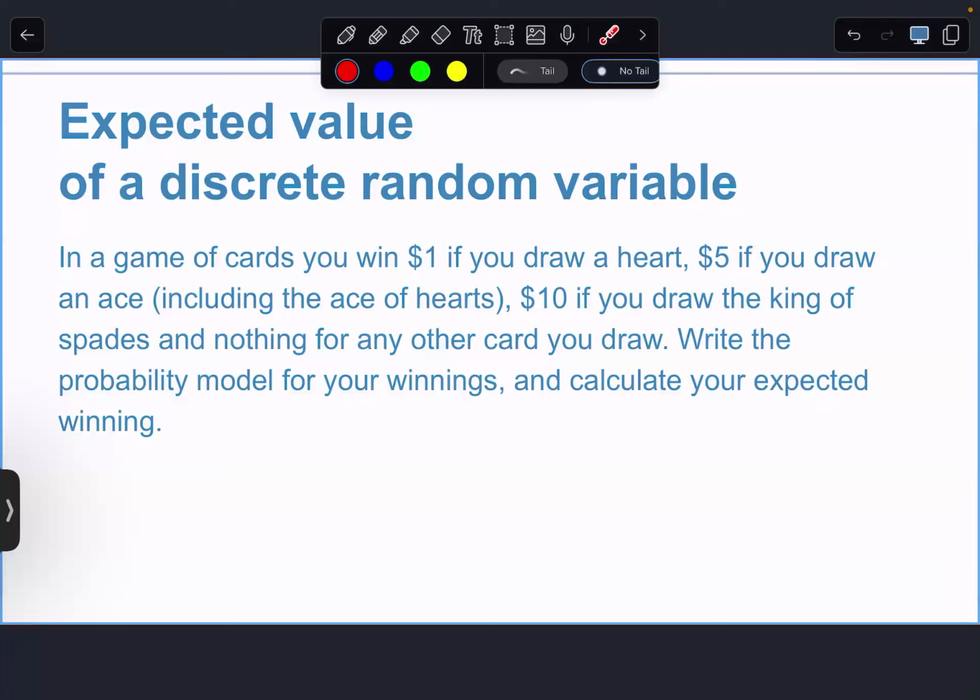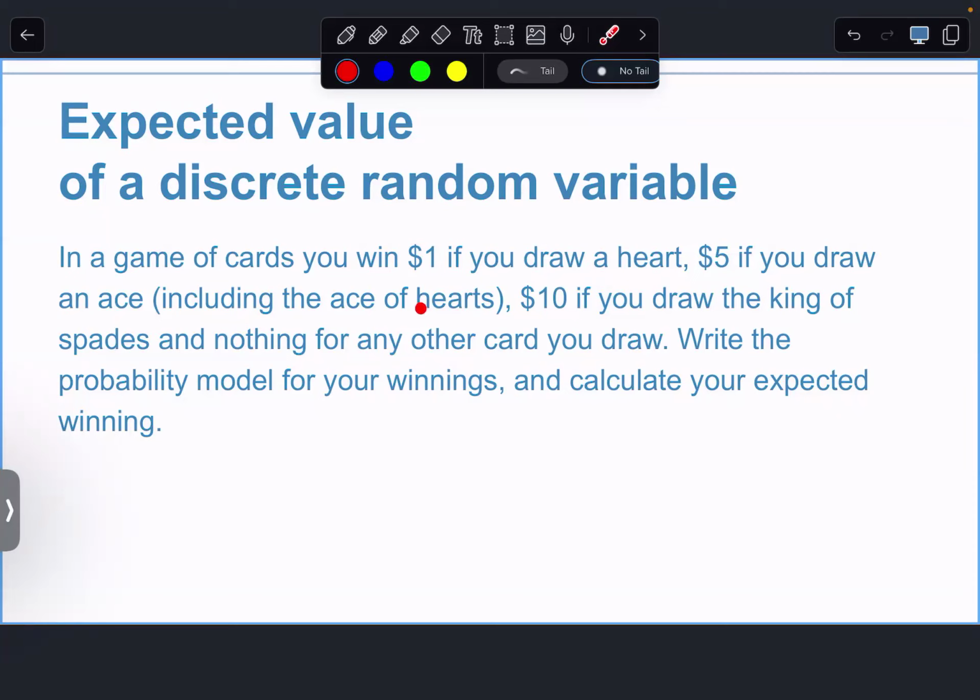Let's do an example. So the expected value of a discrete random variable looks something like this. So in a game of cards, you're going to win $1 if you draw a heart. Okay? $5 if you draw an ace, including the ace of hearts. Okay?